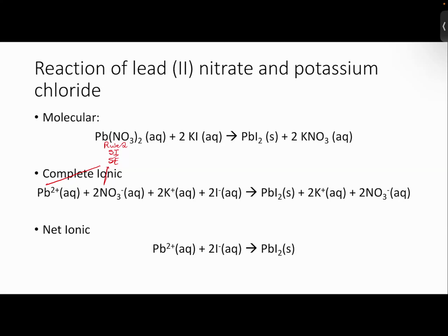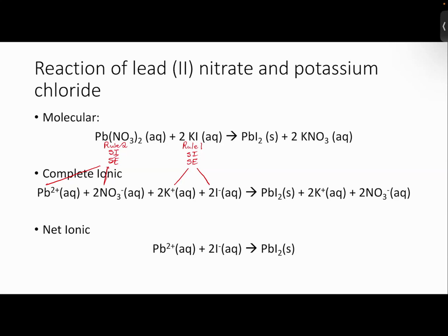Potassium iodide, due to rule 1, is a soluble ionic compound, meaning it's a strong electrolyte. So we are going to dissociate it into its ions. Note that the 2 coefficient preceding the potassium iodide was distributed to the potassium and the iodide because a coefficient of 2 means that you have 2 of those formula units.